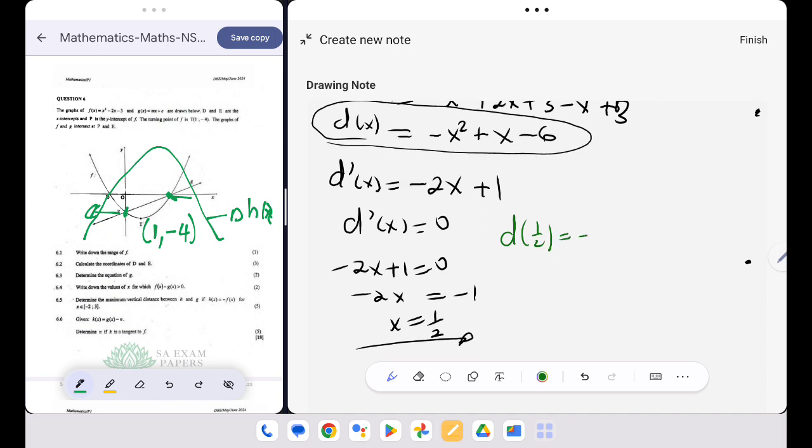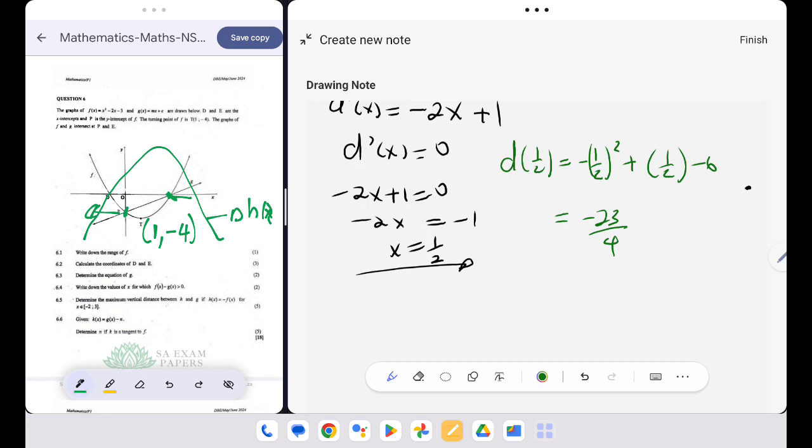So I'll just substitute 1 over 2 whenever I see x. And I will get negative 23 over 4.